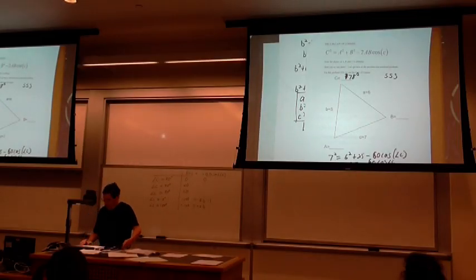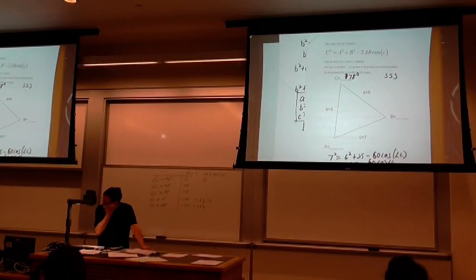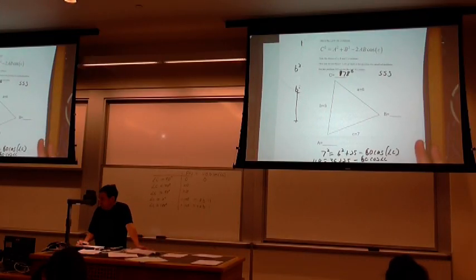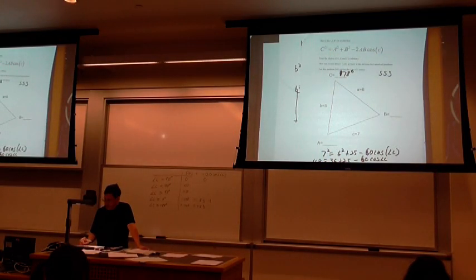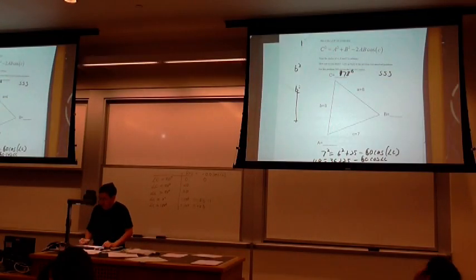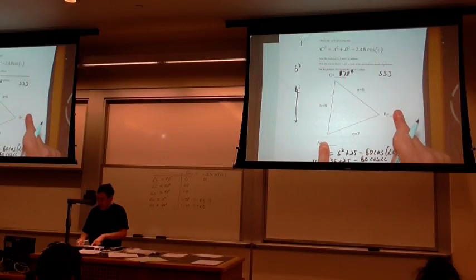Now, at this point, I still have 2 more angles to figure out. I have a choice. I could either apply another version of the law of cosines, rearranging the letters, to find A or B. That's one way I could do it. What's another way I could do it?